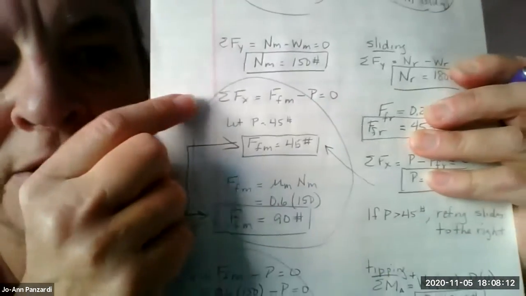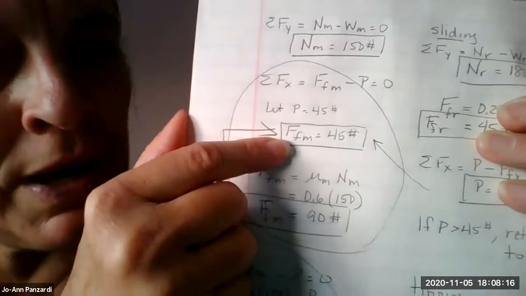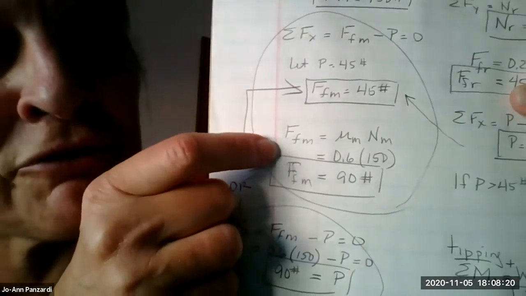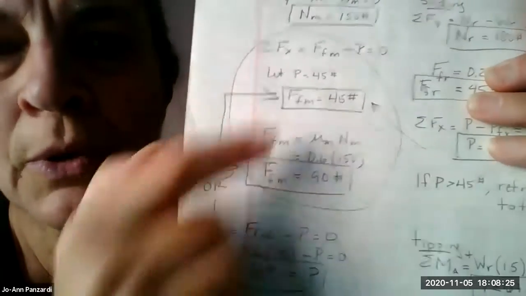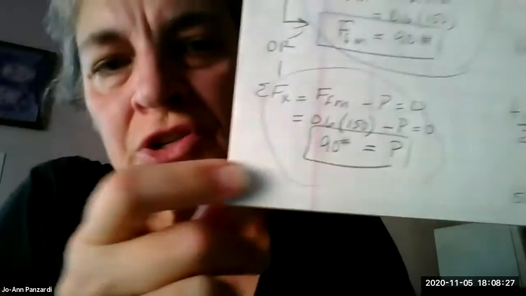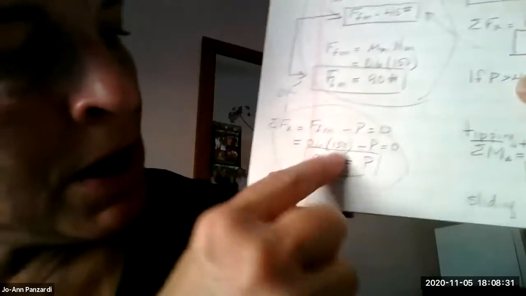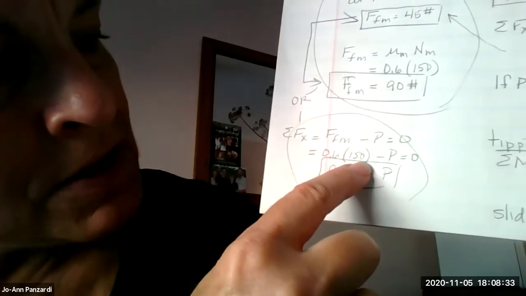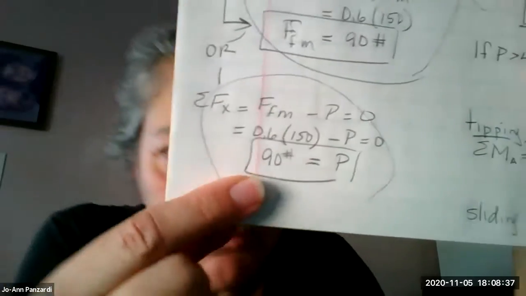What I did first is I did the sum of the forces in the X and found what the frictional force was due to the P being applied. And then I also solved for the frictional force using the friction equation. I did two equations, but I probably should have just done the sum of the forces in the X, which I did up here, plugged in the 0.6 and 150, and gotten a P value. This might be a better way of doing it.